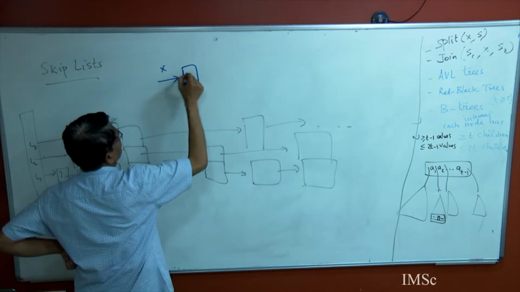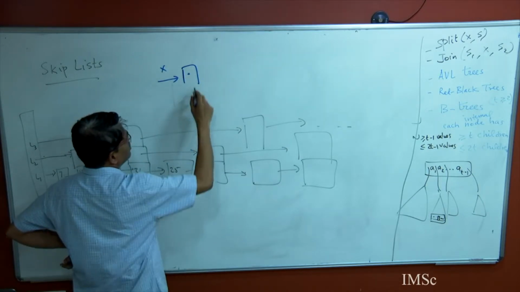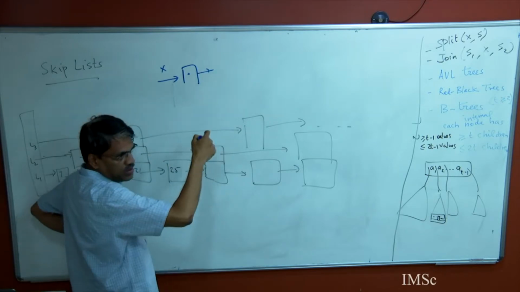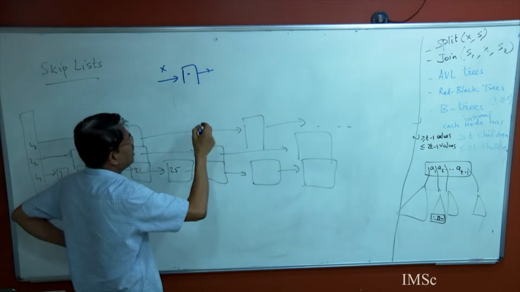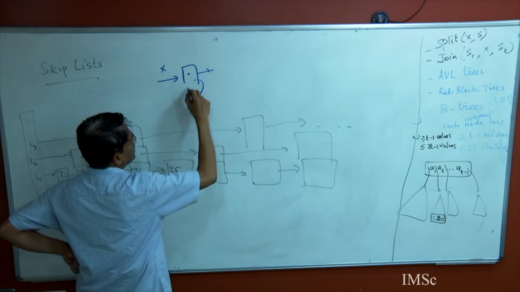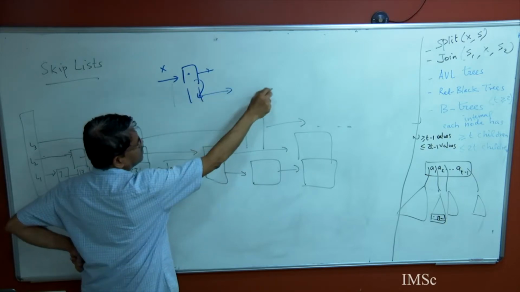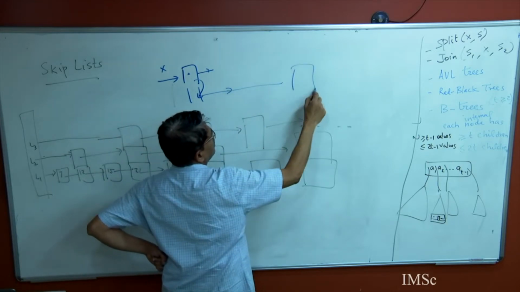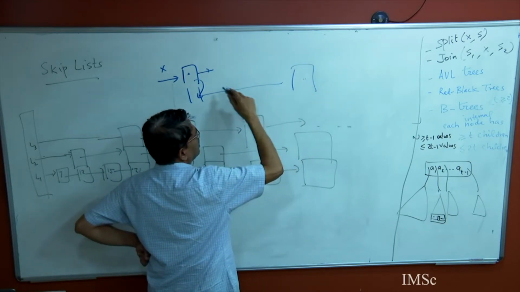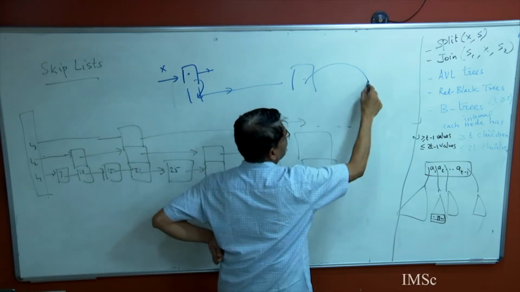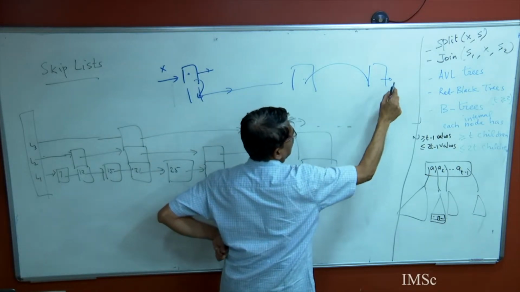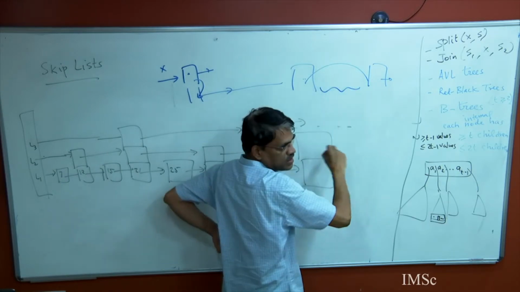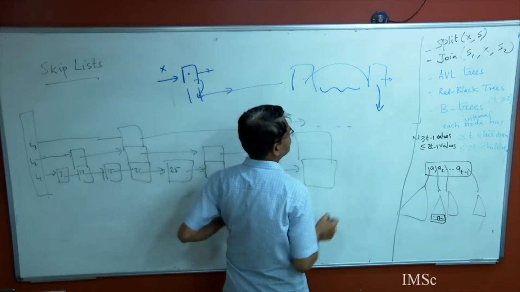I query x against that element and figure out whether it's bigger or smaller. If it is bigger, then I go down to the next list and compare on the right. Suppose the element is even bigger than this one, then I can keep going until I reach a point where the element I'm looking for is smaller, and then I know it is here. So I'll go down.